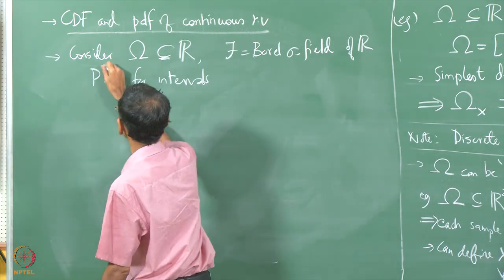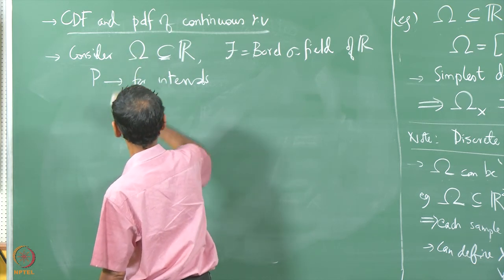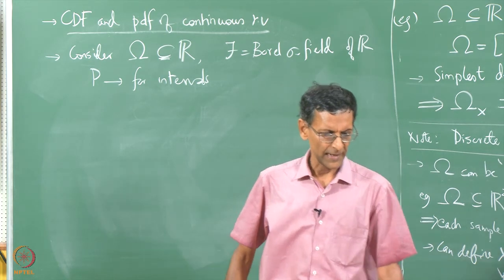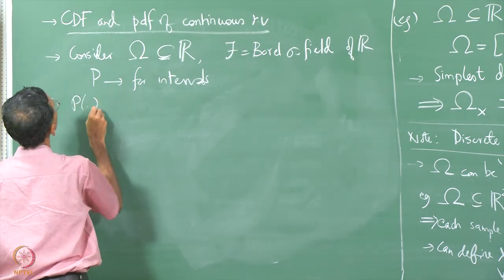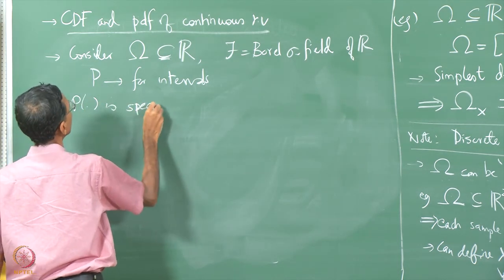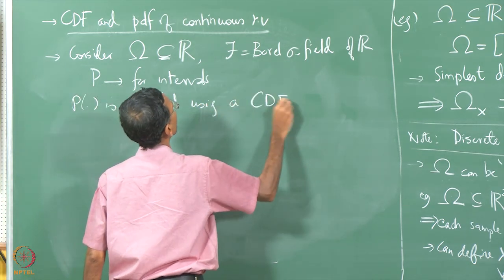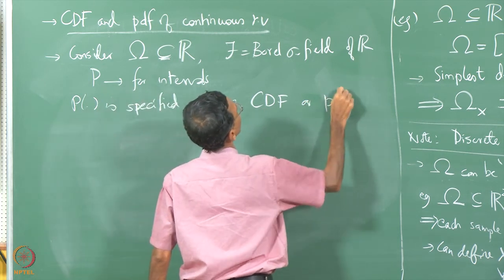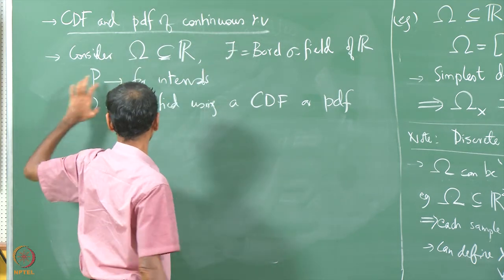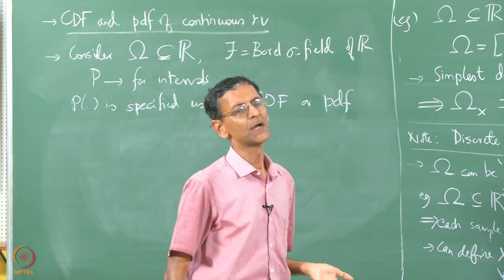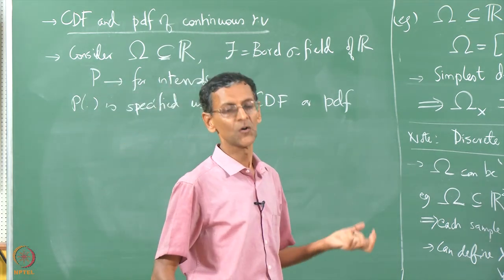So now we have the probability measure defined on intervals of capital omega, and let us say P is specified using either a CDF or a PDF, it does not matter. In other words, we have our entire complement of omega, F and P, which is the basic probability experiment that is central to any construction of probability.